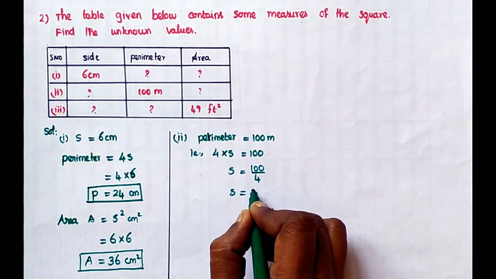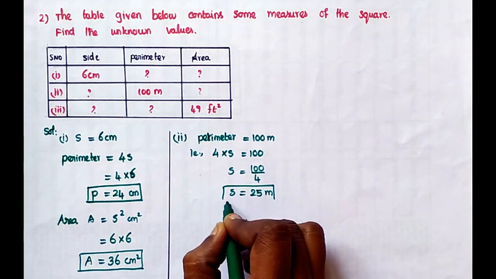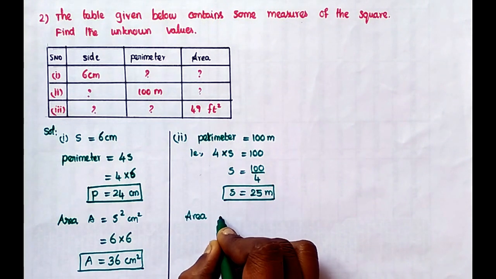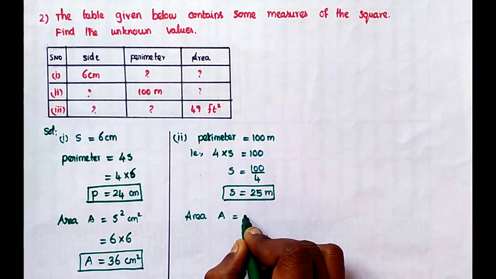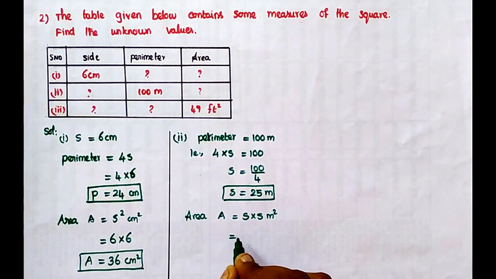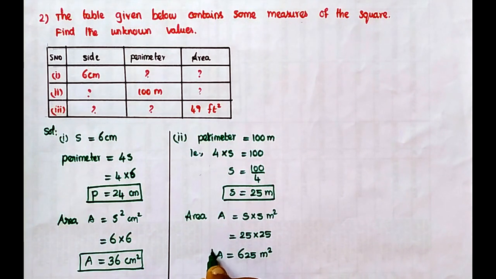So s equal to 25 meter, that is side. From that we have to find out the area. The area equal to s into s meter square, that is 25 into 25, that is 625 meter square, that is area.